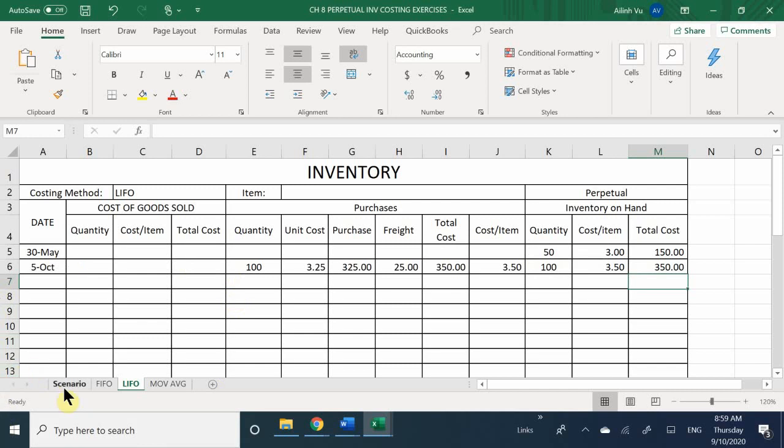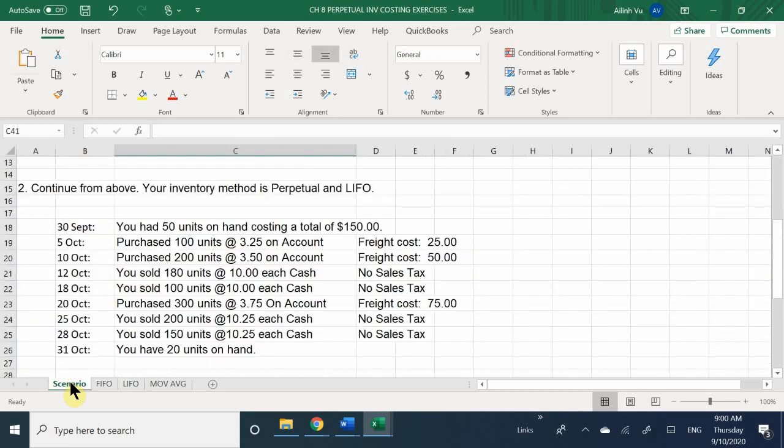Now I have a second batch, so now I'm introducing the concept of LIFO. When we start selling our stuff, which batch are we taking from? The bottom, yes, the last one. Okay, so what happened on October 10?